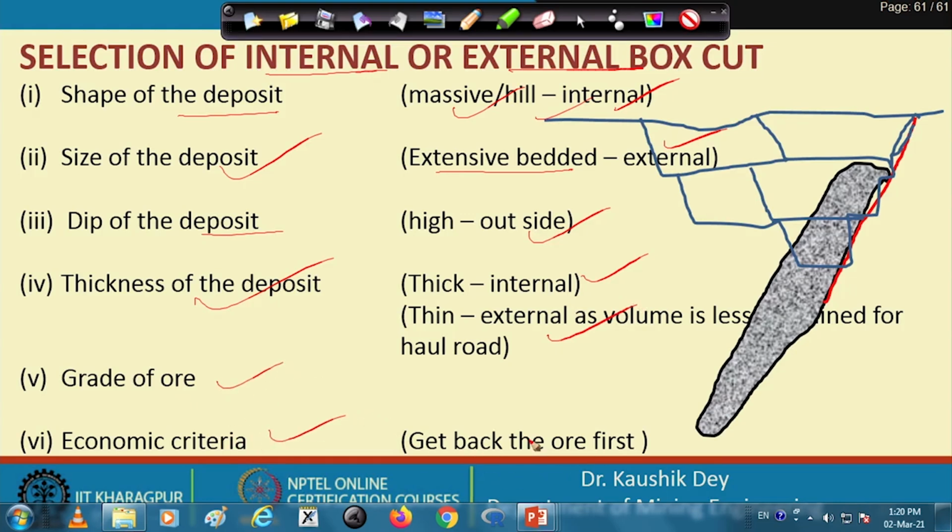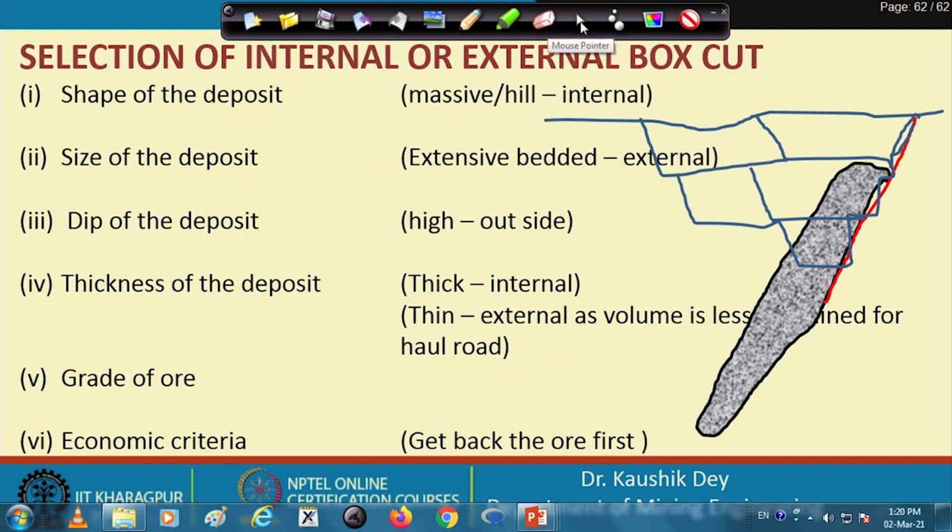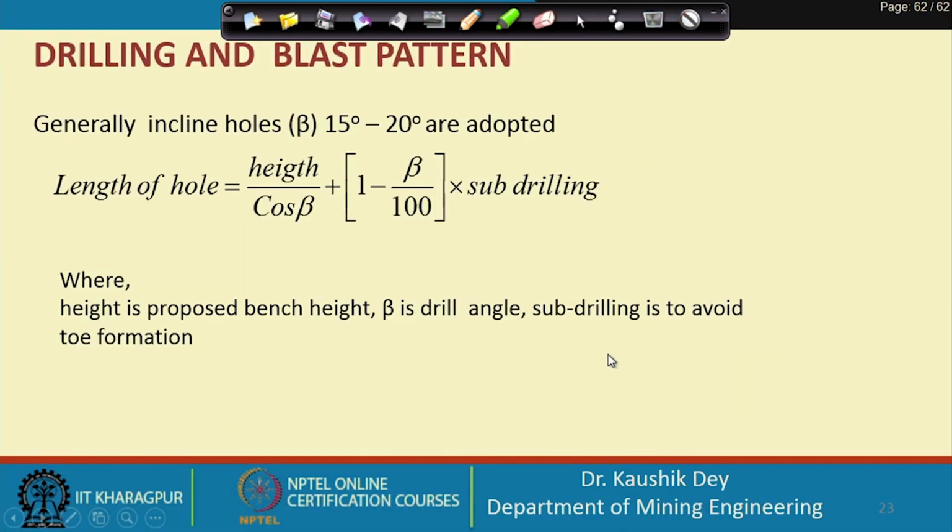Our economic criteria is that the excavation should start, that is, reaching the deposit should be as early as possible, and that is why in most of the cases we go for the internal box cut, because that is allowing us to reach the deposit at the earliest. So, that is the benefit of the internal box cut.